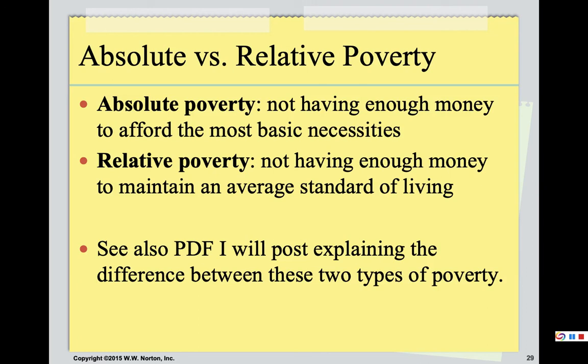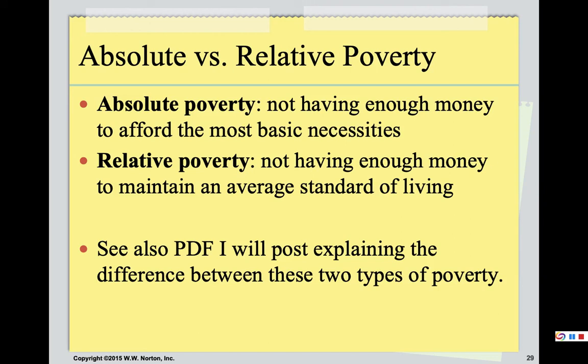We're making this distinction between absolute and relative poverty. This is more about how we measure poverty and the poverty line than it is about what you or me or any person experiencing poverty would understand as their experience. In other words, these terms are about how we're measuring poverty, not the qualitative experience of it.